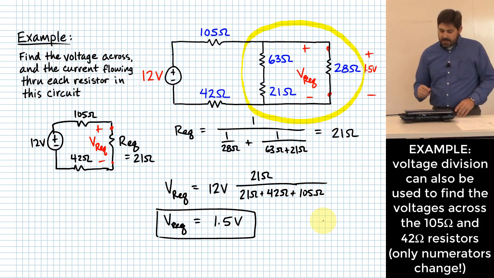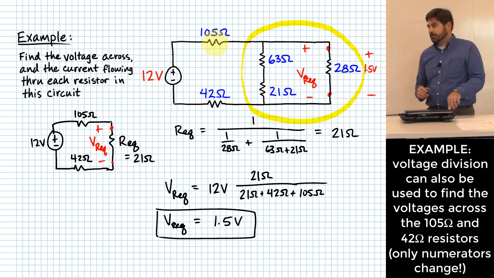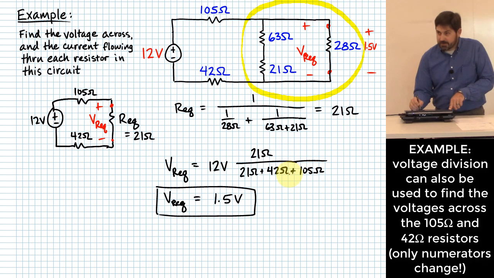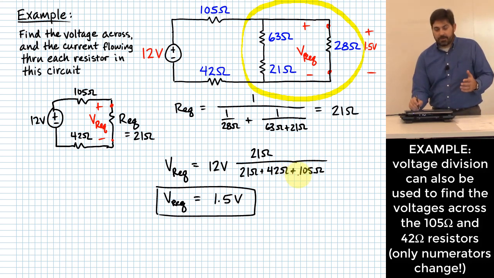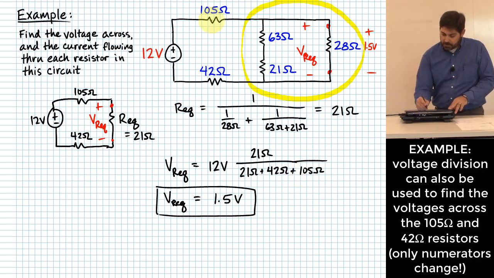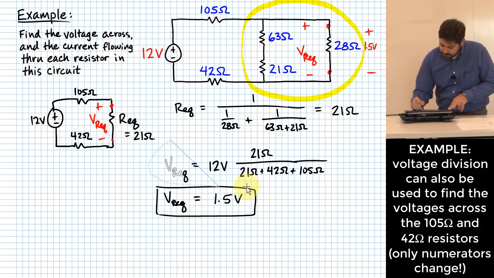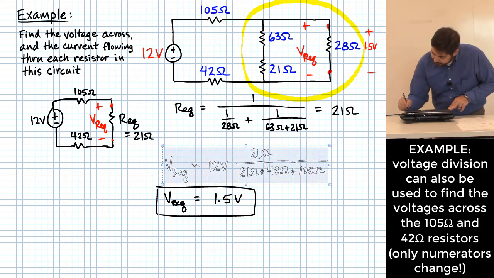Can I do anything to get my voltages across my 105 and my 42? Okay, just like I did voltage division right here, the formula ends up being almost exactly the same with just one change, right, to get my voltage across the 105 ohm or across the 42 ohm. What do I have to change if I take this right here?